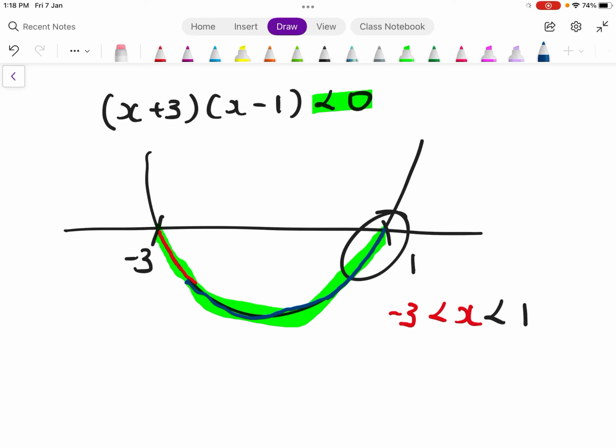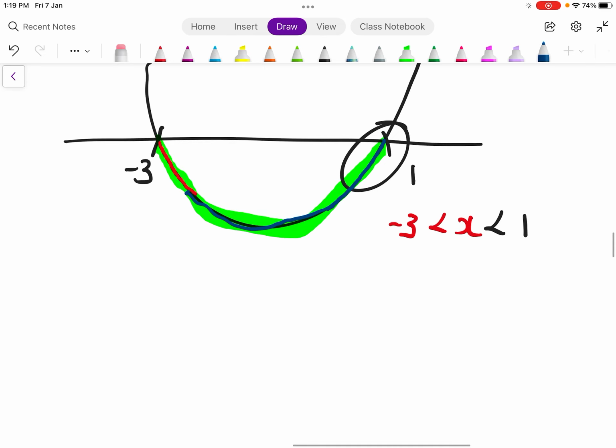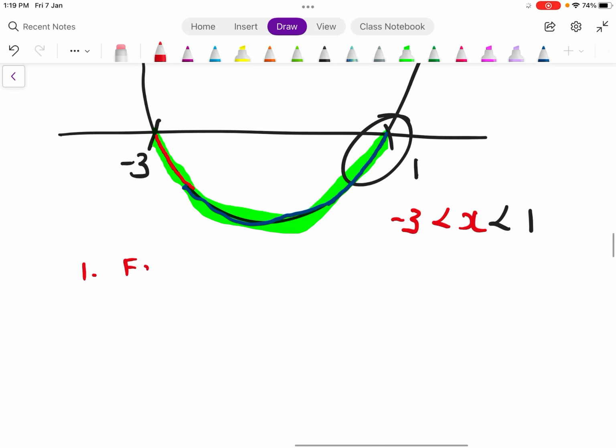Okay, so this is using our method 1 to solve a quadratic inequality. Maybe I do a very quick summary. First things first, in order to solve a quadratic inequality, you must always factorize. Do your quadratic factorization.